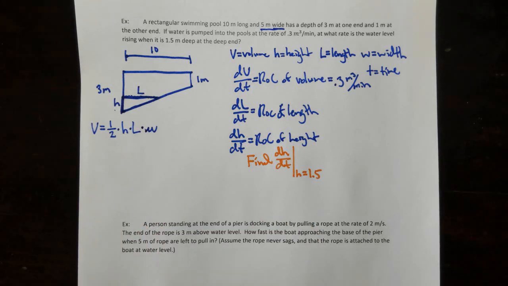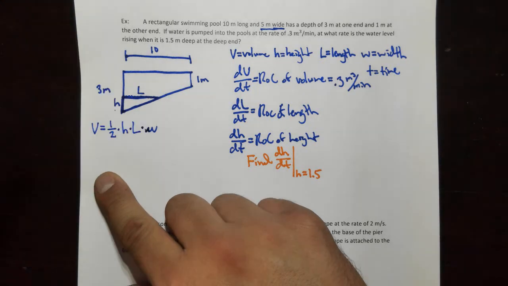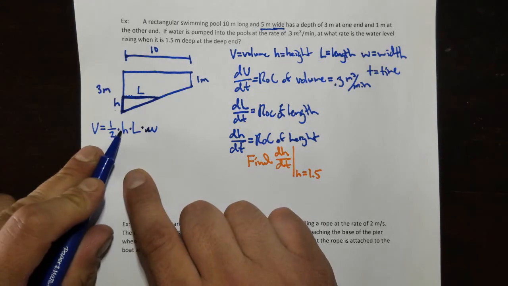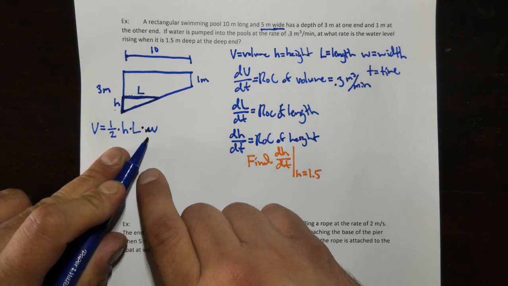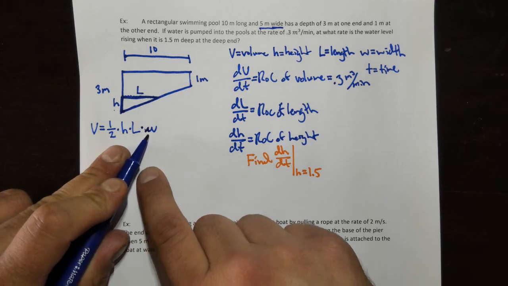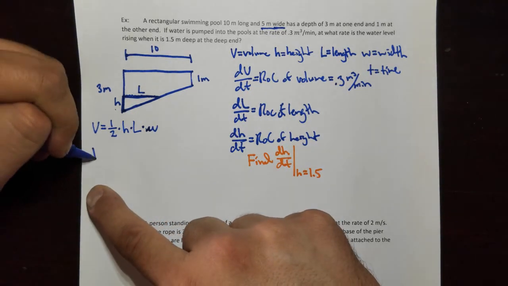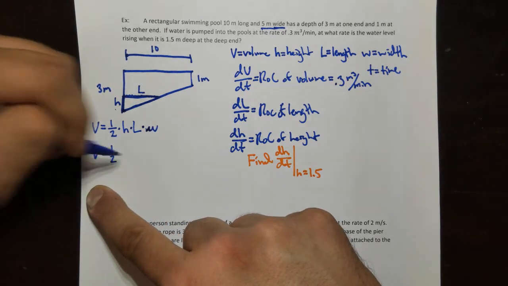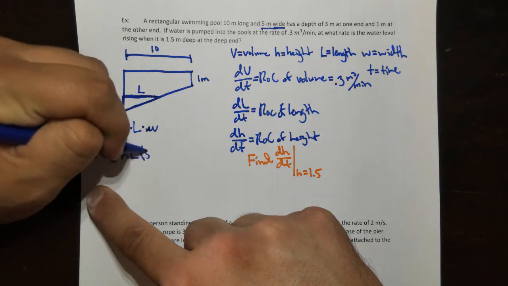Okay. So we have 1/2 times height times length times width. And we are given the width, right? The width is 5. That's not going to change, so we don't need that as a variable. So we have volume is equal to 1/2 HL times 5.